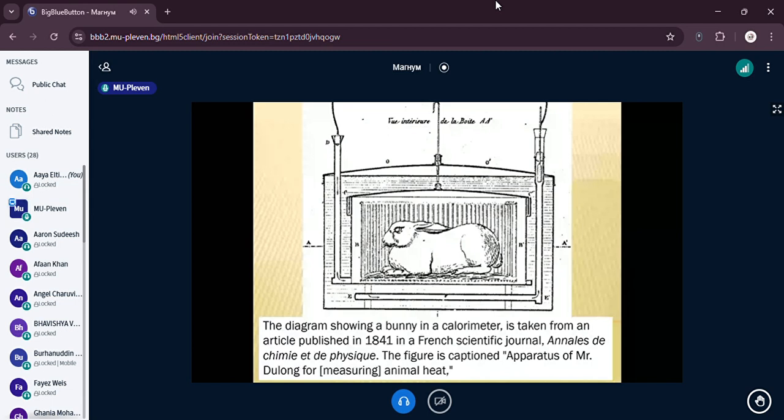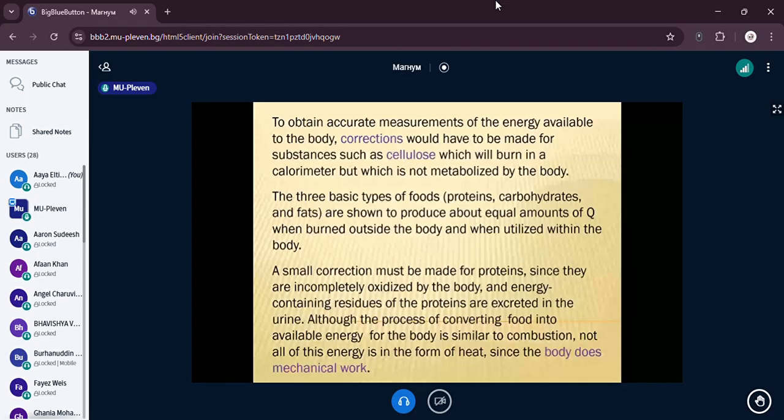So let us just say important things regarding what that method applied to prove the validity of the first law. There are some deviations, some small corrections needed to be performed.